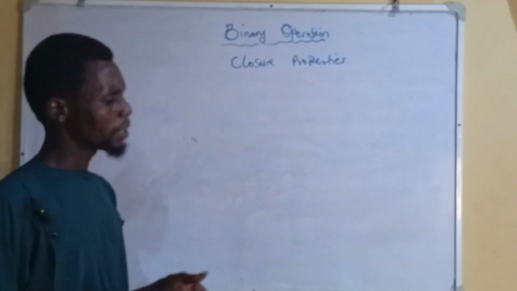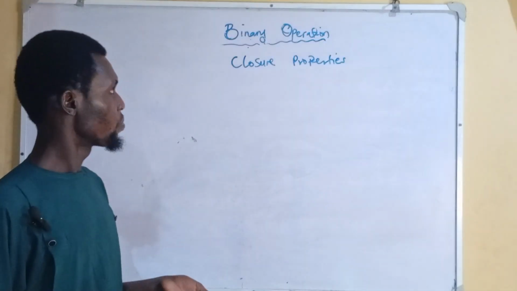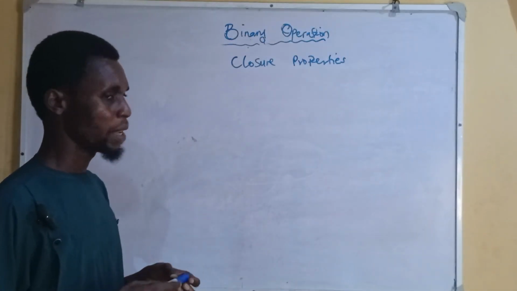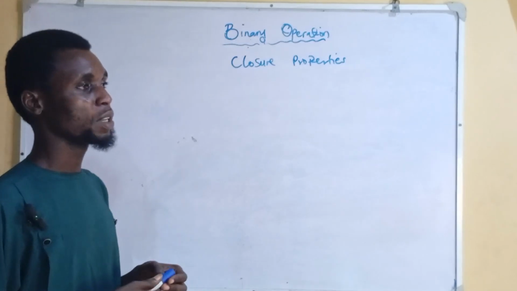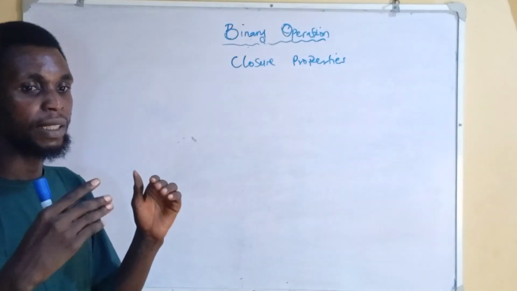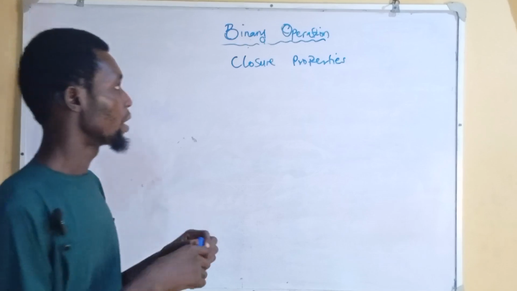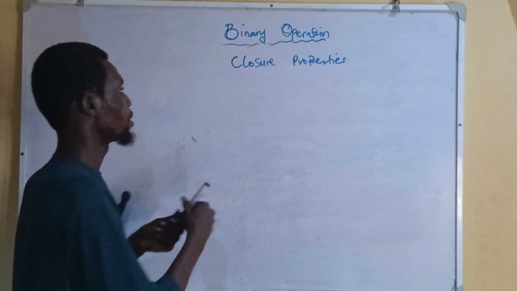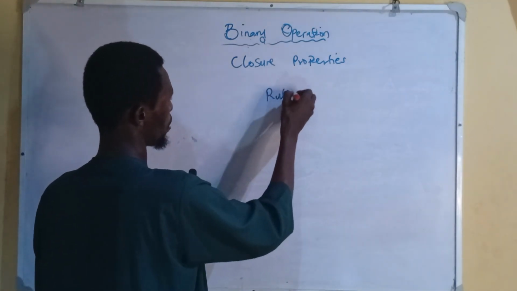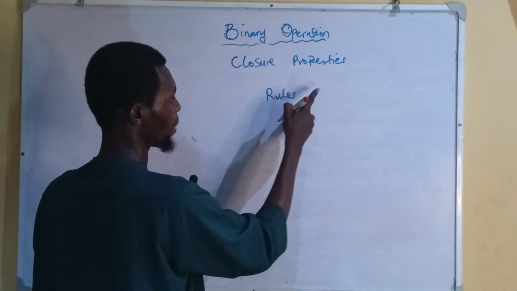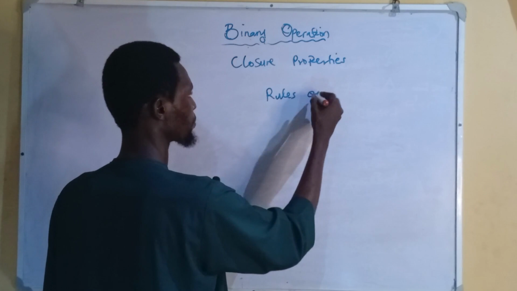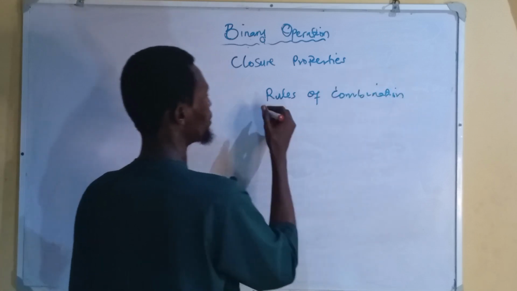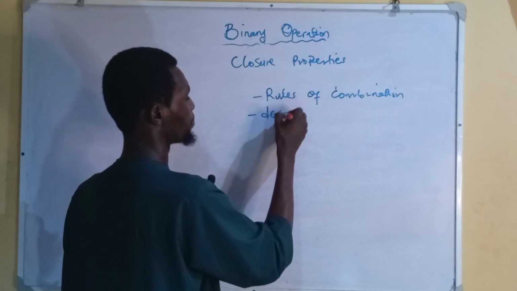Now, the question is, what do we mean when we are talking about the closure property? What do we mean by that? Okay, we are trying to describe a particular set, given rules of combining two elements of that set. When the rules, that is the binary operation, of combining two elements of the set are given, then we are trying to describe.